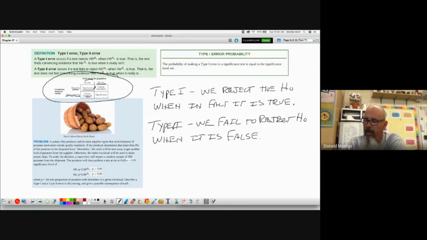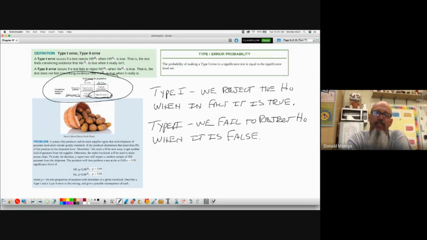That's a type 1 error. If the truth is that the null is false or the alternative is true and we reject the null, then we've done the correct thing. If the alternative is true or the null is false and we fail to reject the null, then we've committed a type 2 error. So again, type 1, we reject the null when in fact it is true. Type 2, we fail to reject the null when it is false.